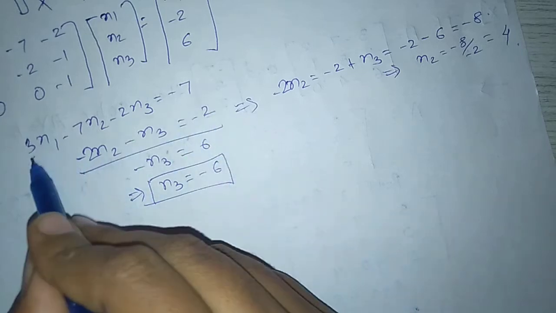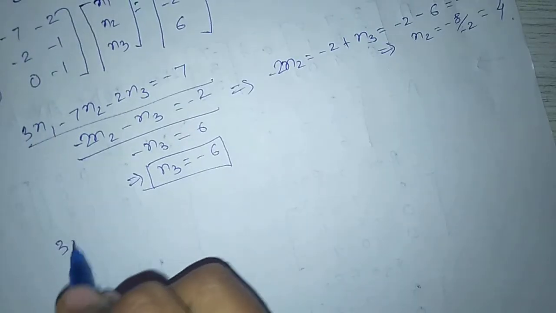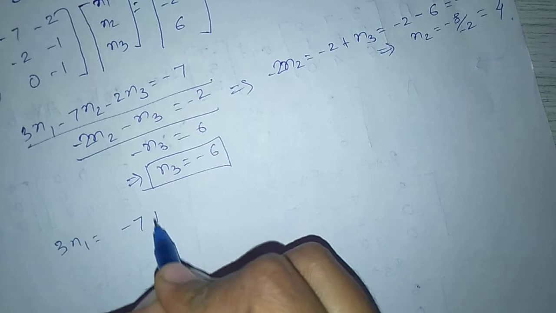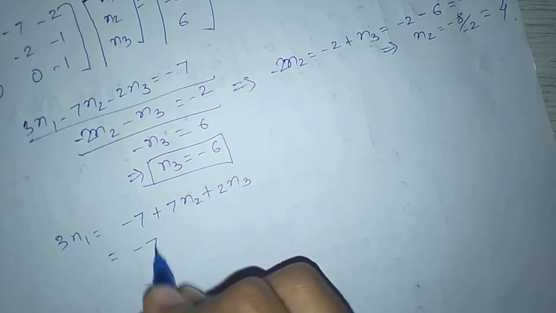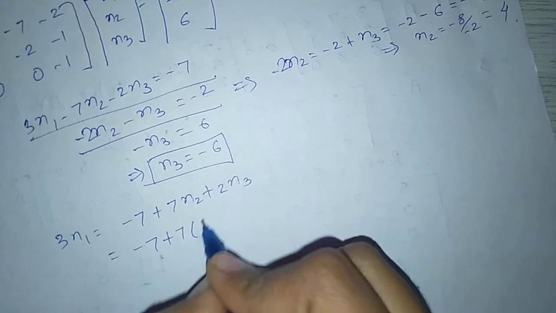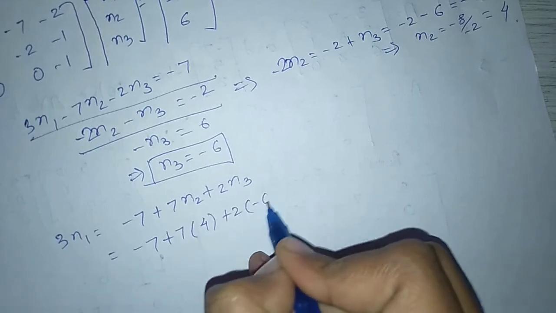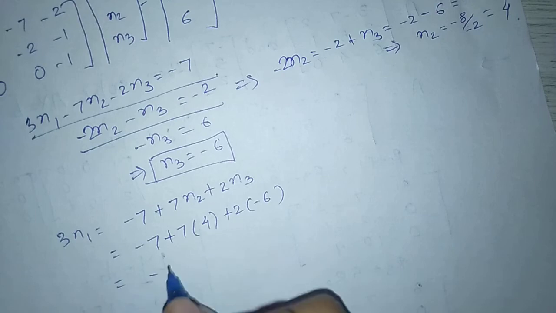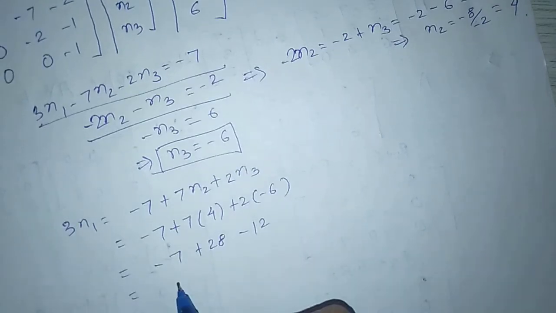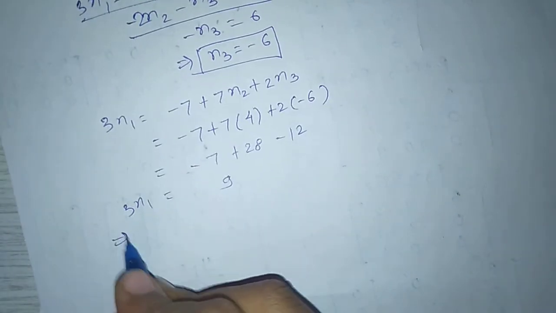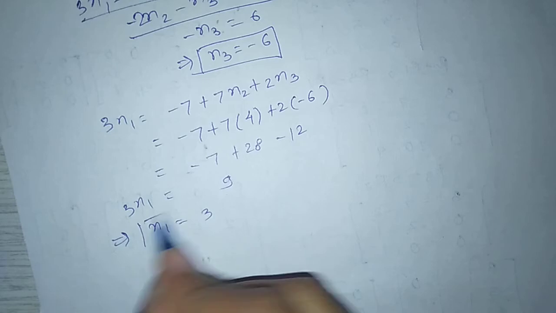Now to find x1, from the first equation 3x1 equals -7 plus 7x2 plus 2x3, which is -7 plus 28 minus 12 equals 9. 3x1 equals 9, which implies x1 equals 3.